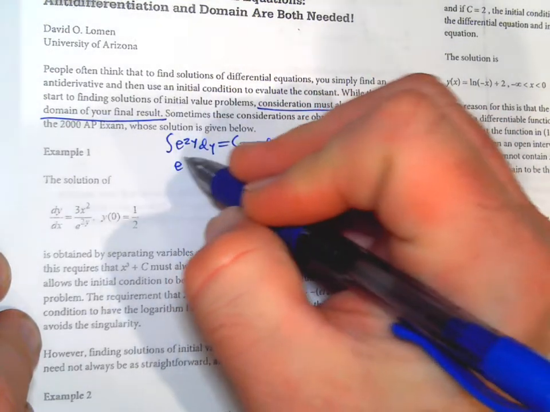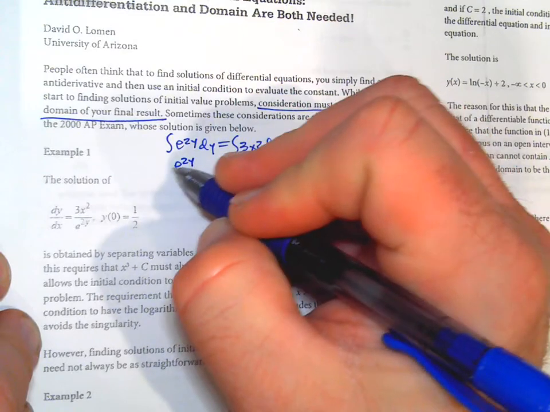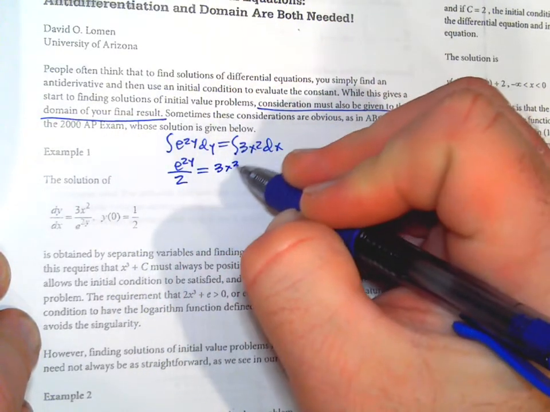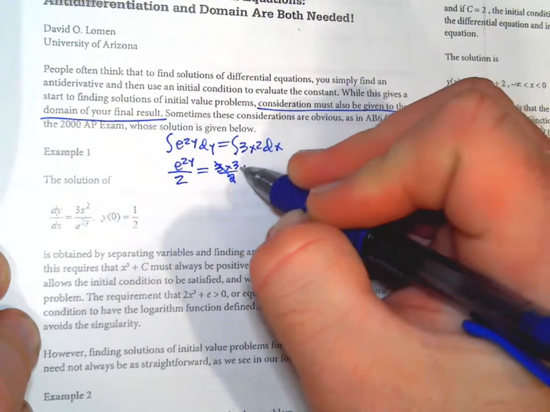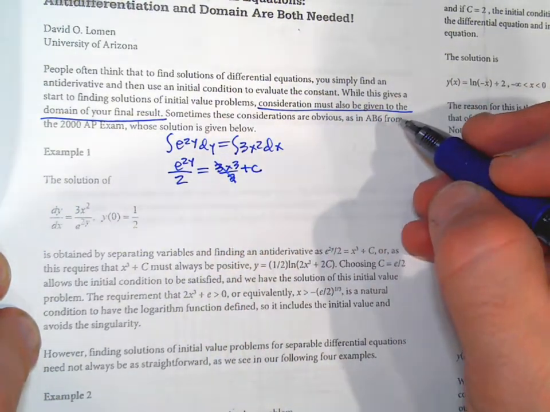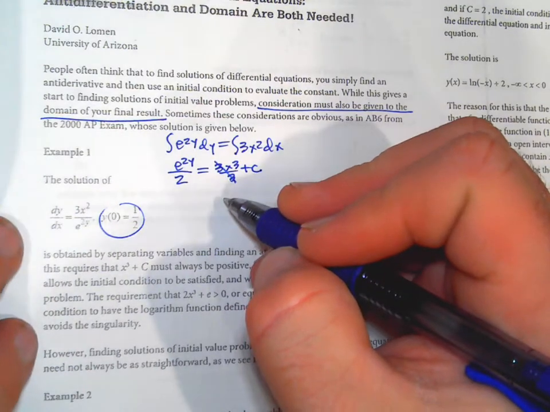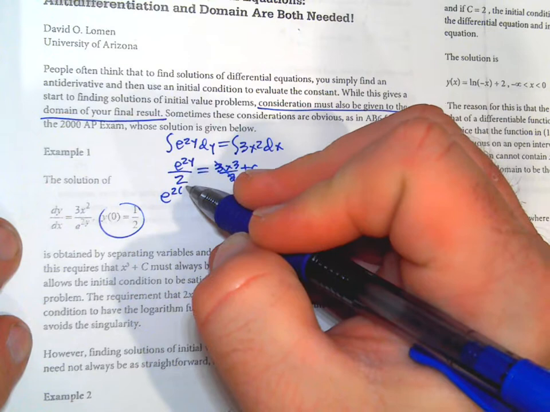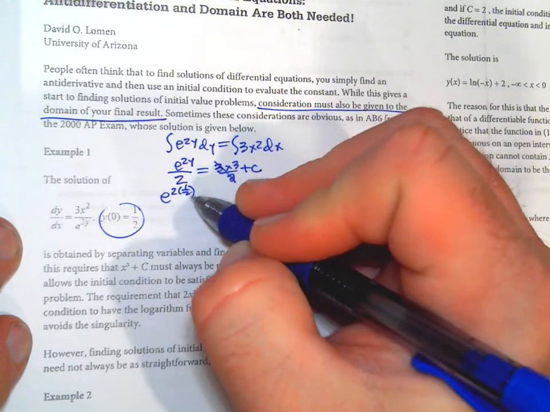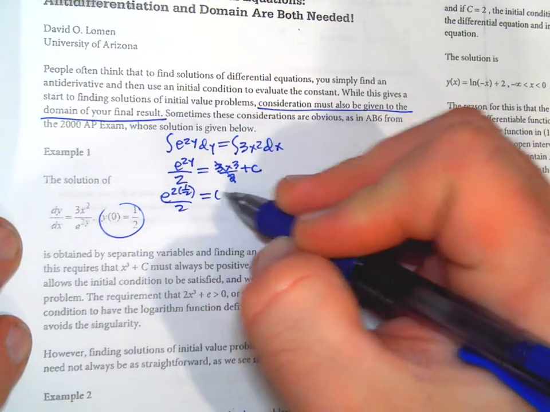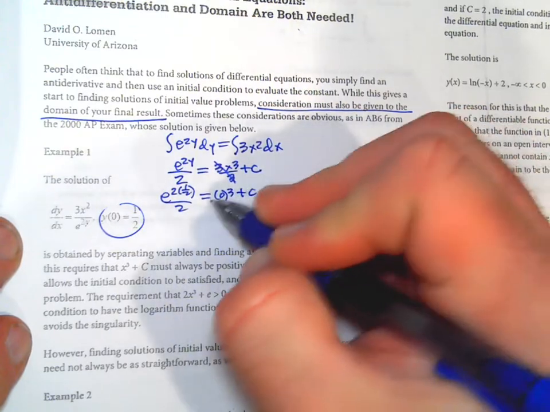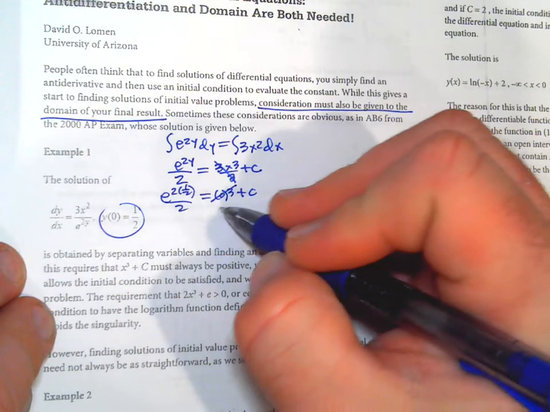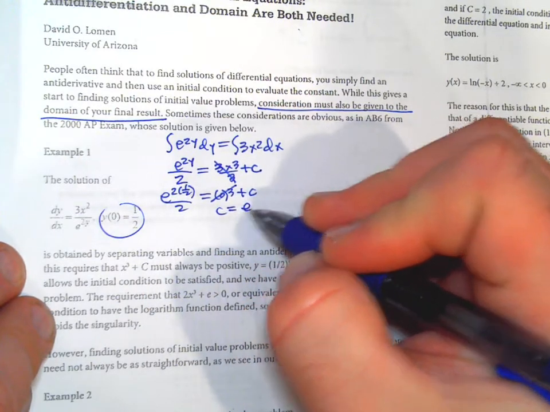The antiderivative of e to the 2y is e to the 2y, but you're going to get an extra 2, so you've got to divide by 2, equals 3x cubed over 3 plus C. We have an initial condition, so I'd find it right now. It's going to be e to the 2 times the y value, which is 1/2, so C equals e over 2.